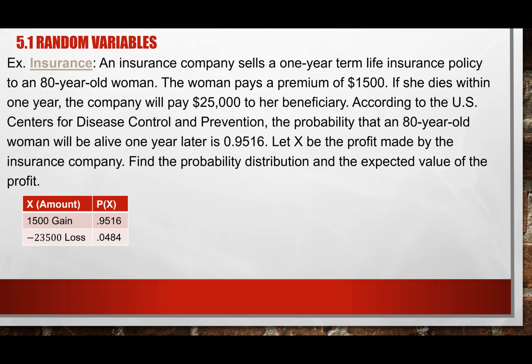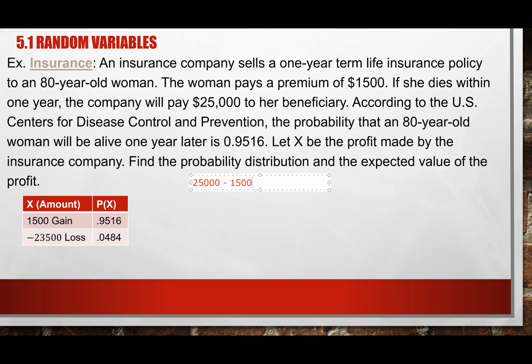But remember, within the 25,000 is her premium. The company does not pay out the whole 25,000. They pay out 25,000, but within it is the 1,500 from the woman.